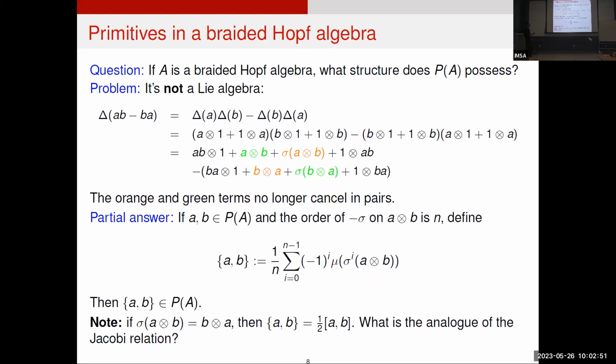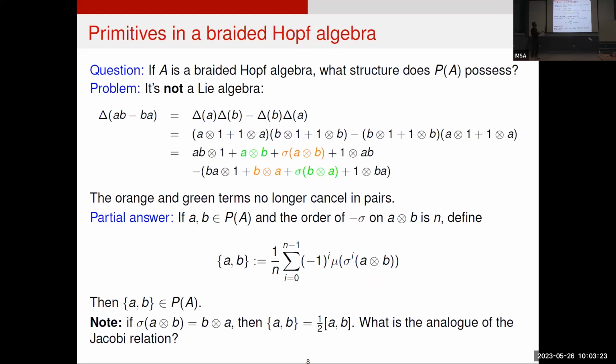But now when I multiply the 1 tensor A times the B tensor 1, I have to use the braiding in the category and move this A past this B. I don't have to worry about that with the 1 tensor A times the 1 tensor B, so then I just get 1 tensor AB. And then the same thing in the other order. Now, if my braiding is just swapping the two factors, then this is B tensor A, and this orange term cancels this orange term.